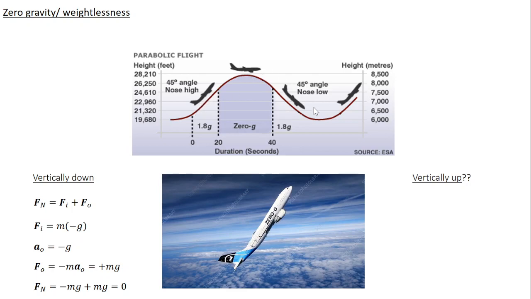In this path there are three portions. The first one is known as the pull-up portion, the initial steep path. This is a picture of the pull-up portion. Then you have the parabolic portion, then there is a pull-down portion. Typically one parabola takes around 60 seconds, and you experience weightlessness or zero gravity during this portion, from here to here, for approximately 20 to 22 seconds.